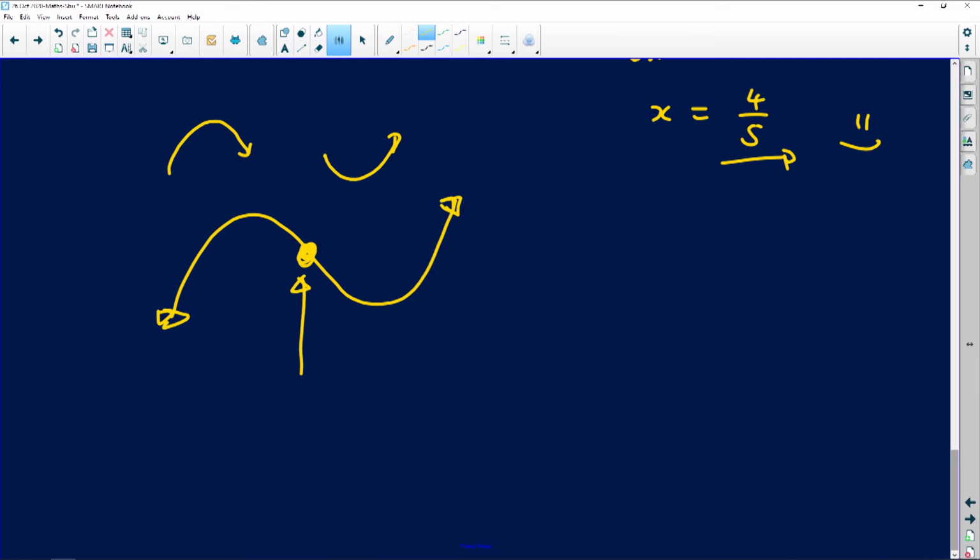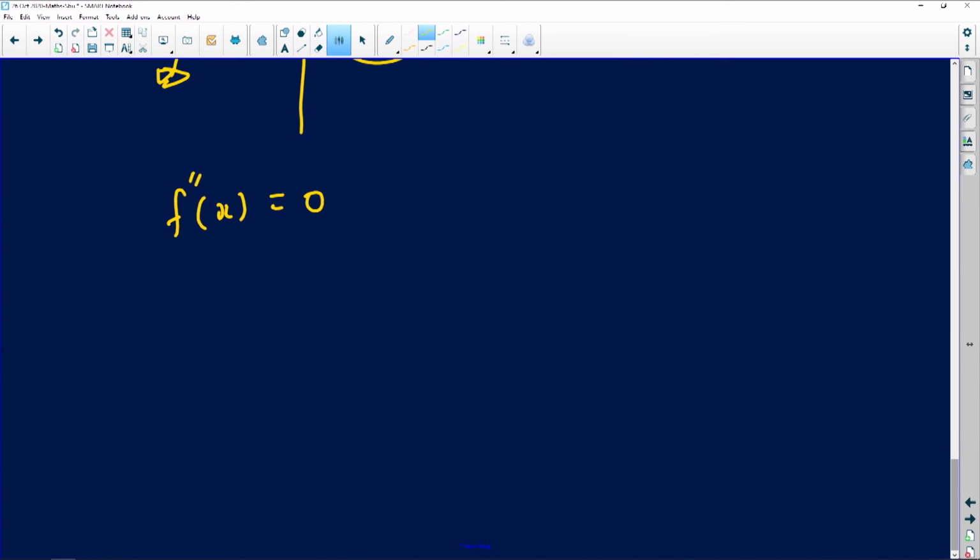So what I'm simply going to do is work with the popular one, which says the second derivative must be equated to 0 if you're looking for the point of inflection. You derive the graph twice, or the function twice. So let's find that. F of x was given to us as x cubed minus x squared minus x plus 1. Let's have fun. First derivative, what do you get?